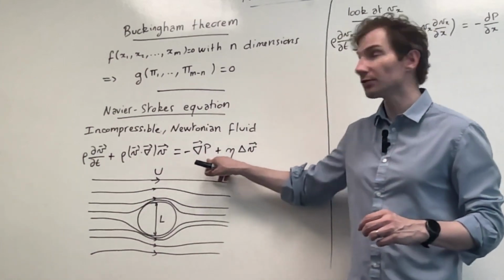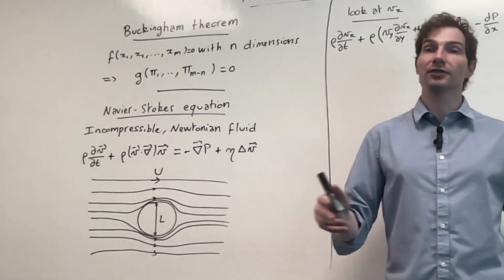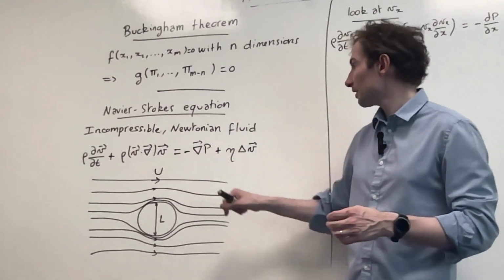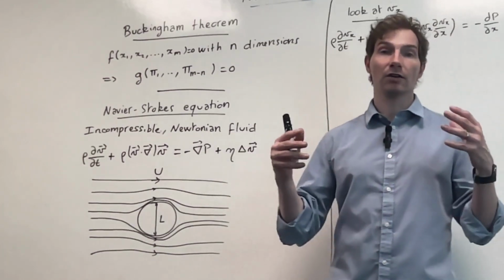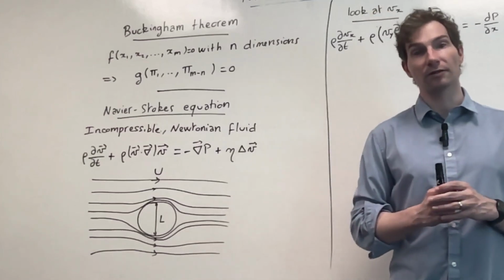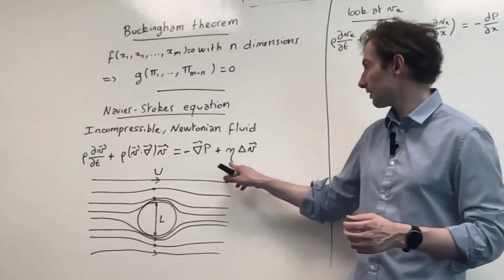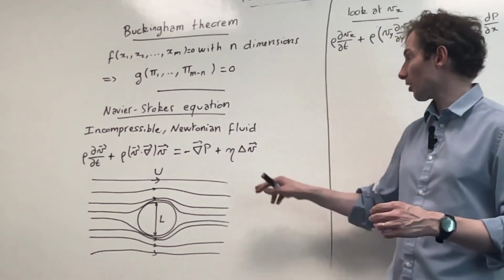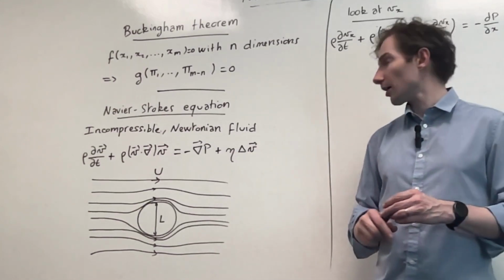Here you have the influence of pressure. If there is any kind of pressure gradient driving the flow, for example, then this has to be there. And then here there is a term associated with a simple model of viscous drag between fluid layers, and eta here is the viscosity coefficient. This delta here, by the way, is a Laplacian.